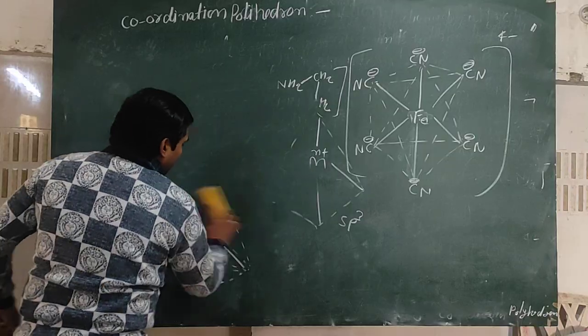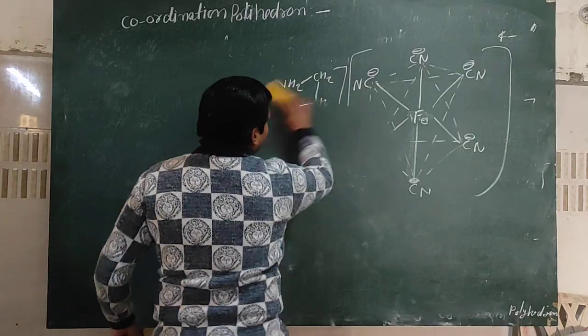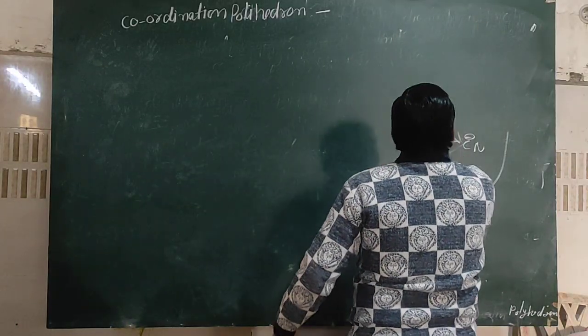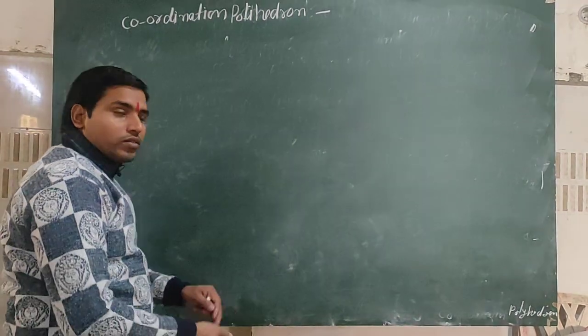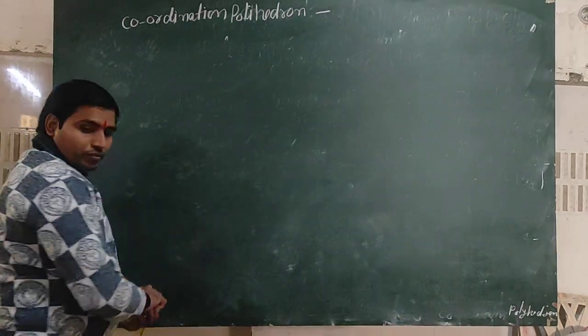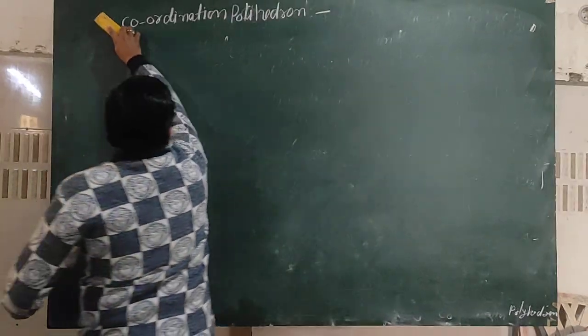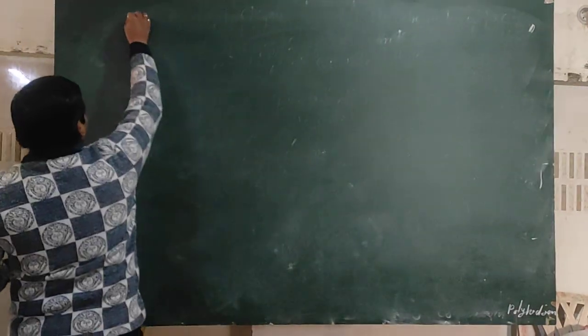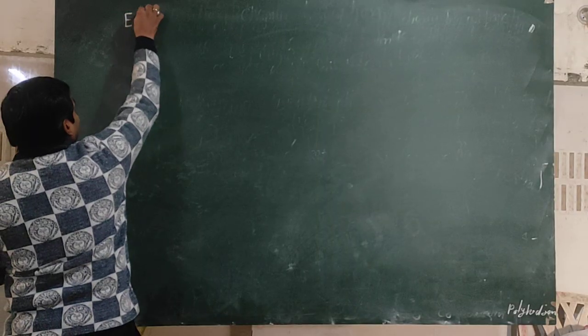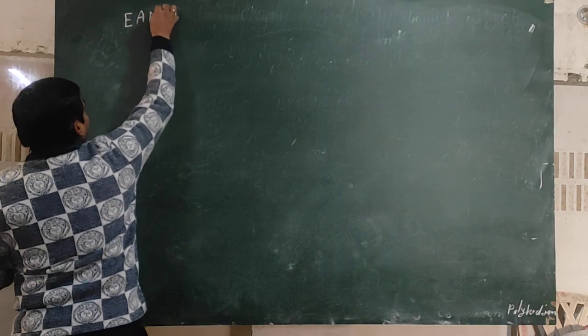After discussing the different types of geometry in coordination compound, we discuss the EAN, effective atomic number. Effective atomic number, which is indicated by EAN.